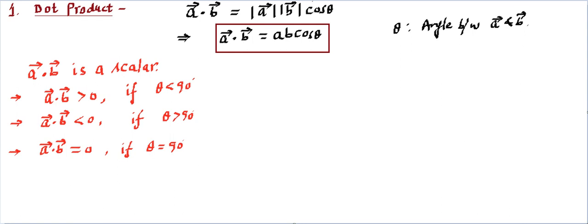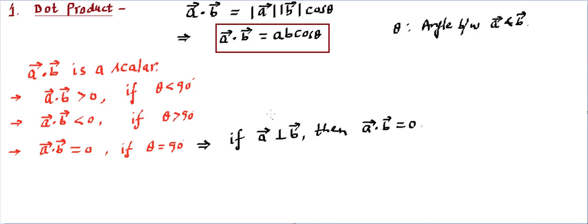So let me write this in terms of language because it's important. We can say this is basically indicating if vector A and B are perpendicular to each other, that means if A vector is perpendicular to B vector, then we can say with guarantee the dot product of these two vectors must be 0.